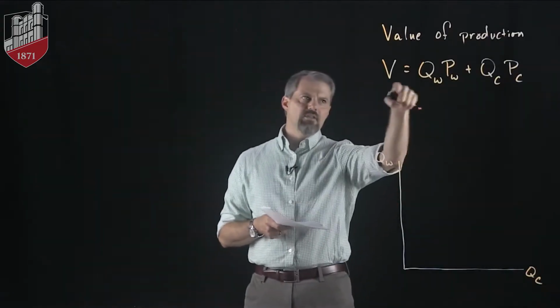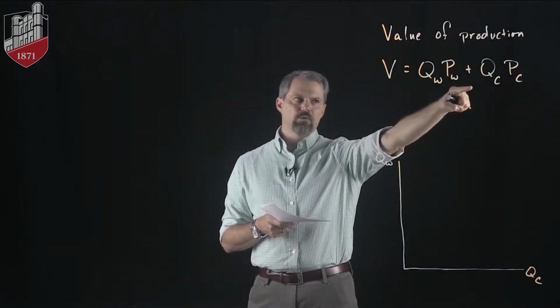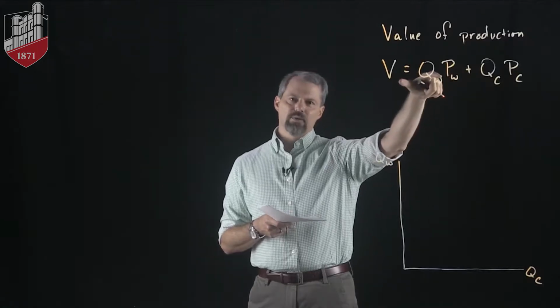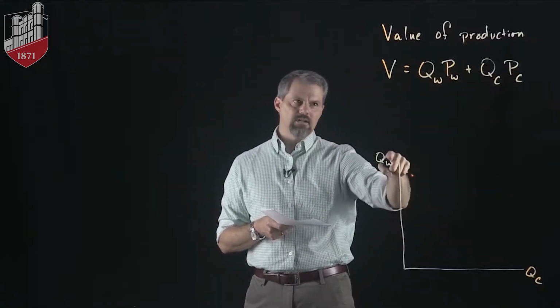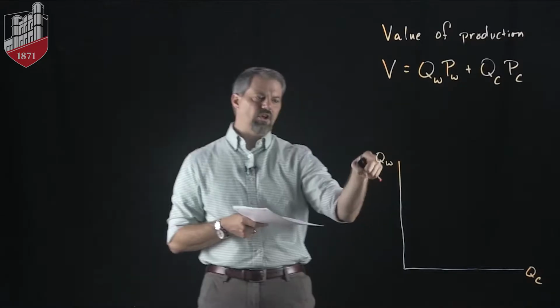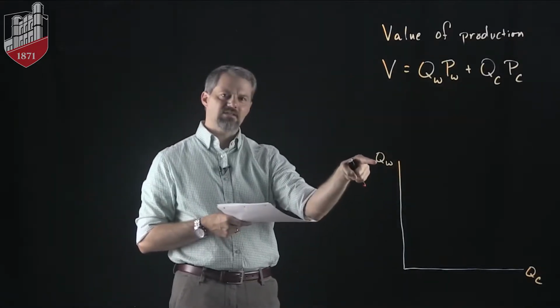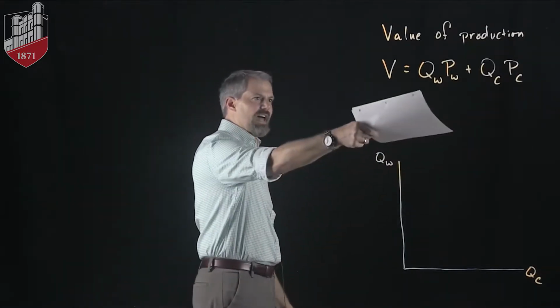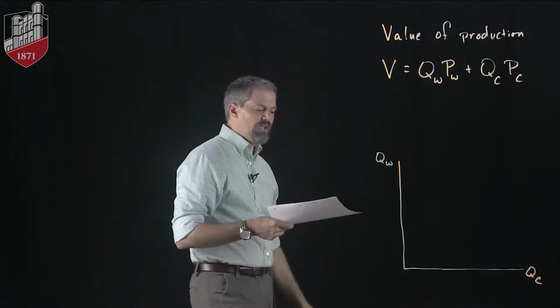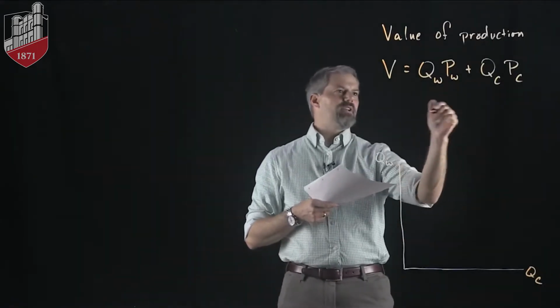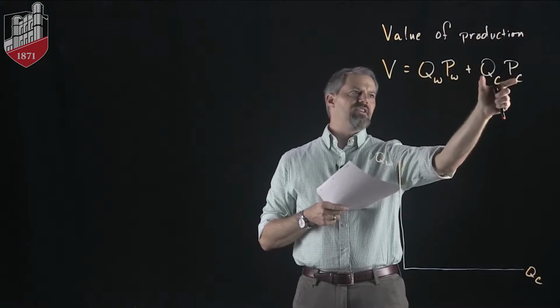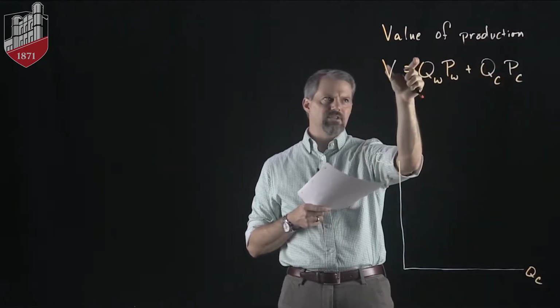If I want to draw this, it's not in slope-intercept form. I need to put it in slope-intercept form so that I can draw it on here, which means I need to solve for the quantity of wine, that term right there. So let's do that. I'm going to do a little bit of arranging. I'm essentially going to move this term over here. I'm going to subtract it.